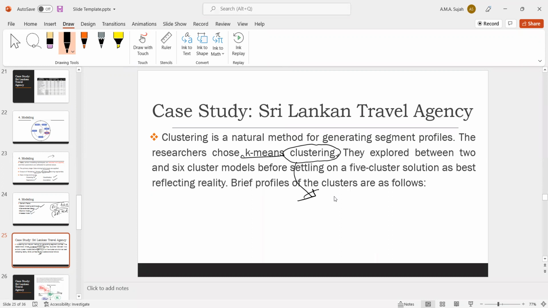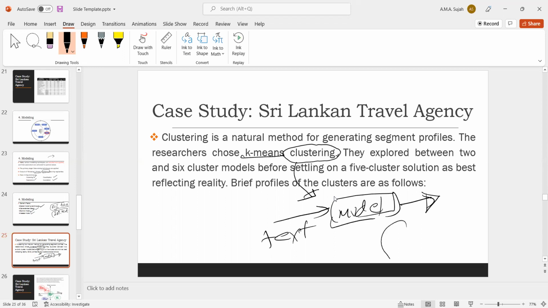After choosing this algorithm, they feed their data into this algorithm and generate the model. Let's say this is the model they generated. Then they insert their test data and look at whether this model works properly, whether this model clusters their customers accurately.